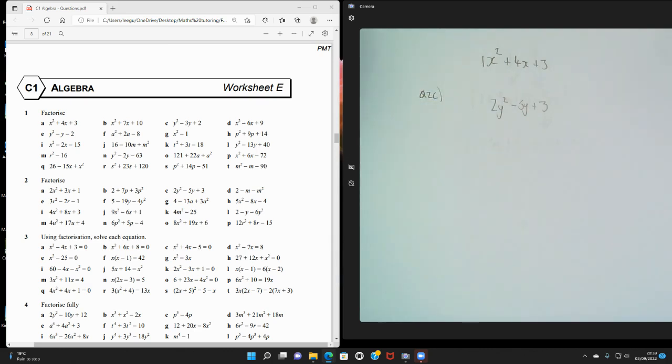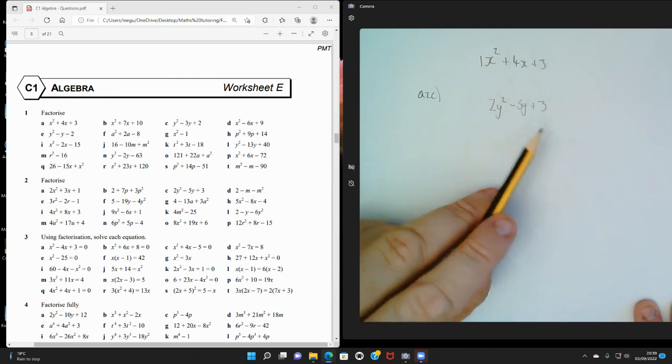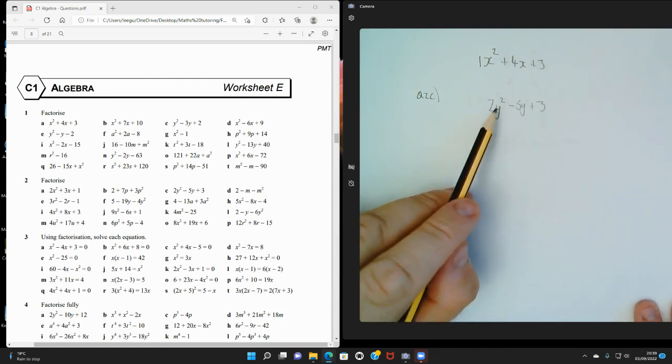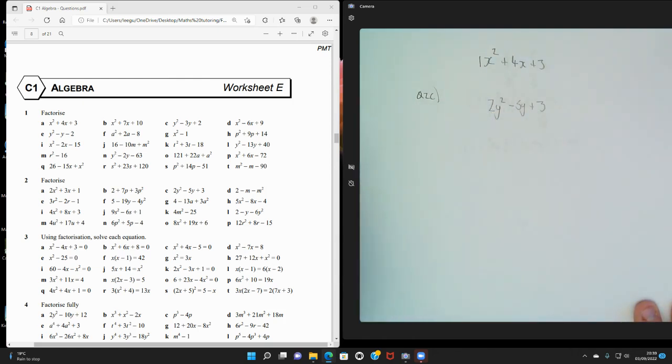Now, there are a number of ways to factorize this. One way is by inspection. With inspection, you just write down the brackets and think, well, there are only so many potential combinations. With a little bit of trial and error, you pick the right combination.